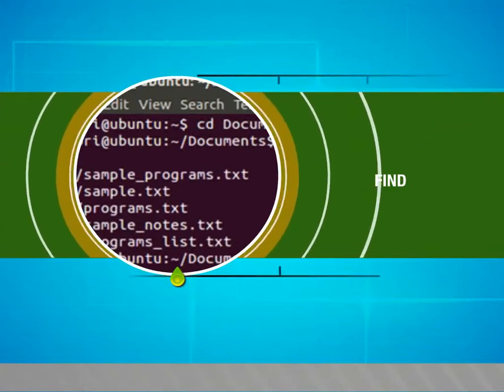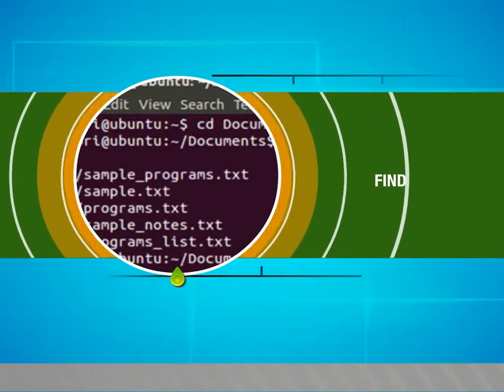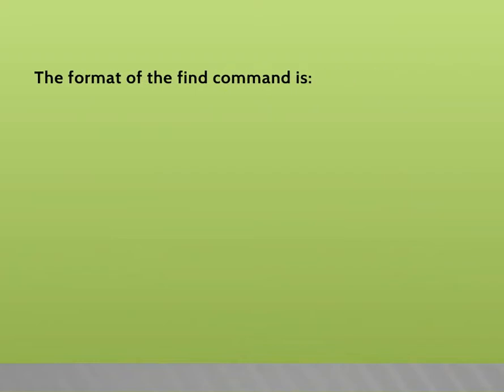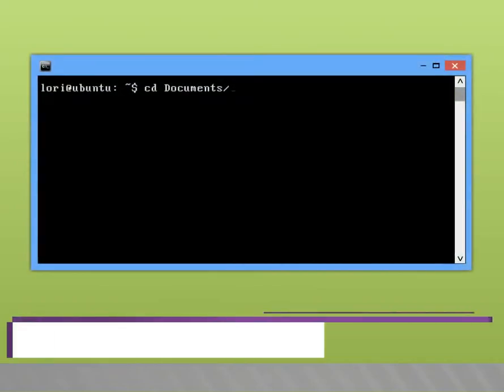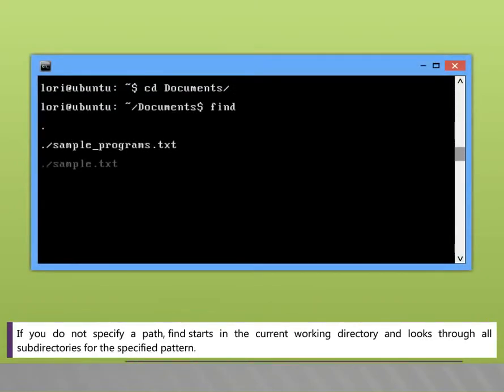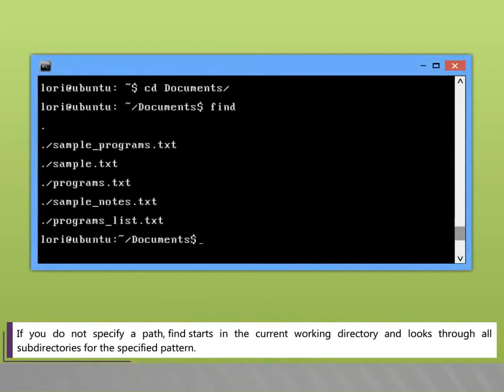Find. In this video, we are going to see about find. The format of the find command is: if you do not specify a path, find starts in the current working directory and looks through all subdirectories for the specified pattern.